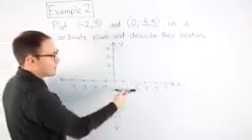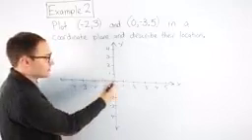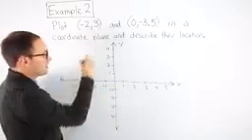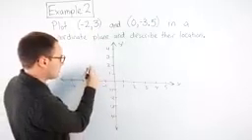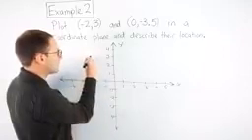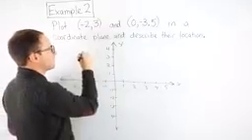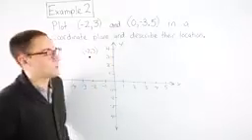So -2, I'm going -2 on my x-axis, 2 to the left, and then I'm going 3 up. Going up 3, so 1, 2, 3. I put my point there, okay, and I'm going to label it (-2, 3). That's where that is.